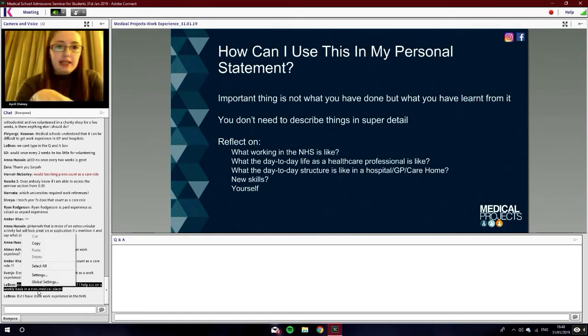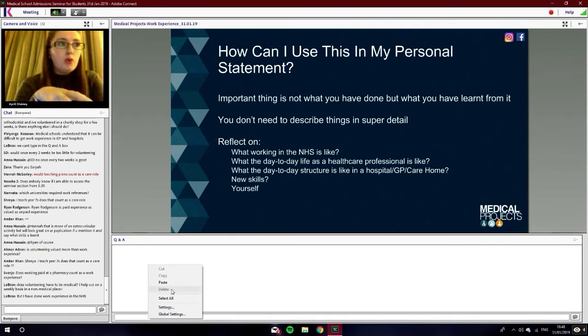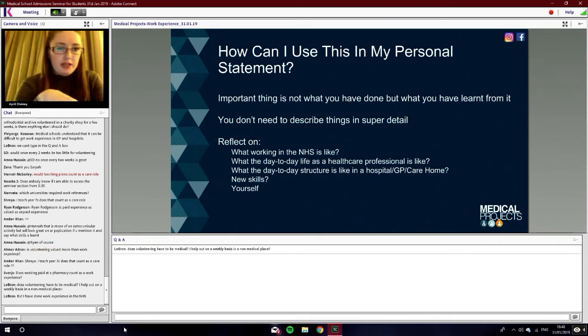So I've already said this. The important thing isn't actually what you've done, but what you've learned from it. So when you're writing things down, it doesn't have to be on September the 20th for 46 hours, I worked in the oncology ward in St. George's Hospital. I completely made that up, okay?